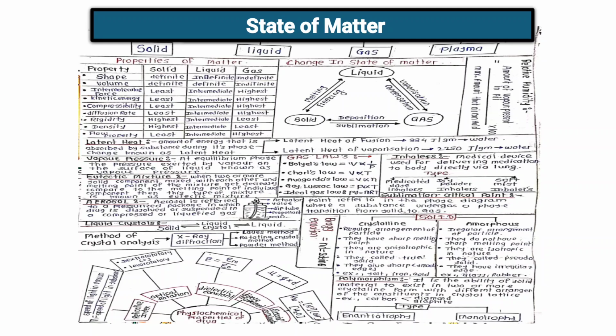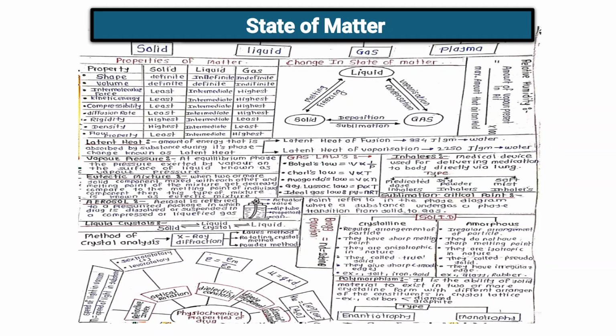Solid converting into liquid is melting. Freezing is the opposite, liquid to solid, that is the freezing point. Questions ask what freezing point means. Freezing means liquid to solid, and melting means solid to liquid. Vaporization means liquid to gas, and condensation, gas to liquid.